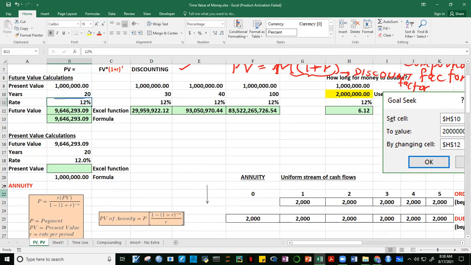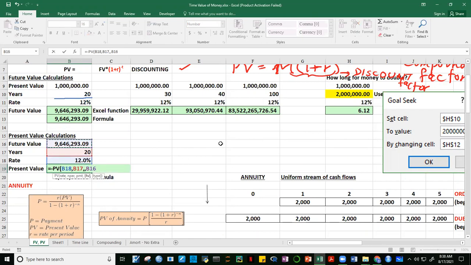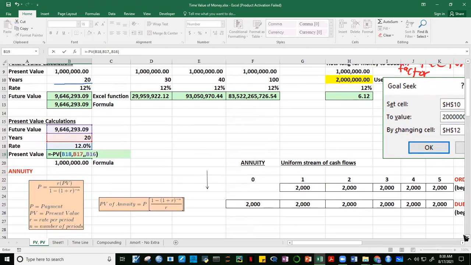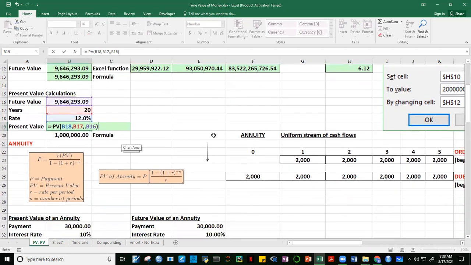So our Excel function is equal to, again, guys, we will use negative PV, rate of 12%, NPER at 20, PMT ignore, future value 9.6 million, type ignore. There. Okay, I'll give you a few seconds to get the present value.